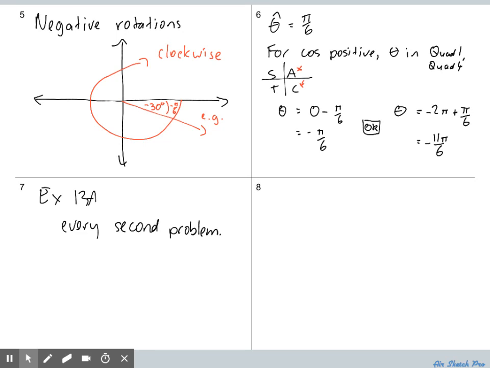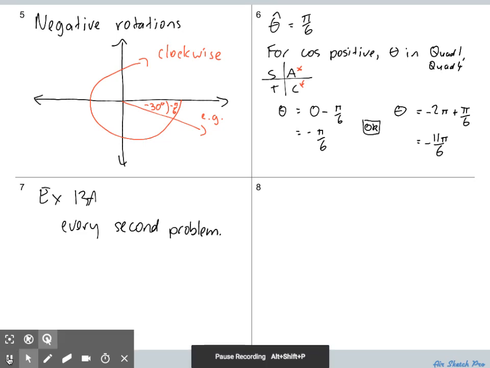Last lesson, I said skip any problems that had negative angles involved because we hadn't really covered them in class. Now you can cover those ones. If you finish every second problem in exercise 13A, you could quite happily do the other problems while you're waiting. But yeah, we'll only take another 10 minutes to do that.